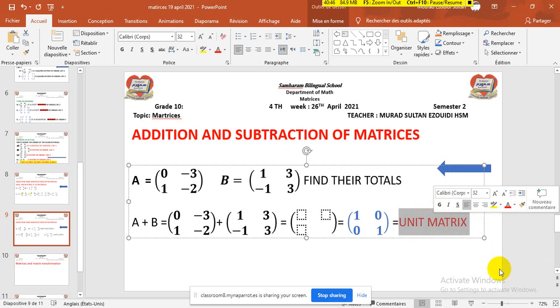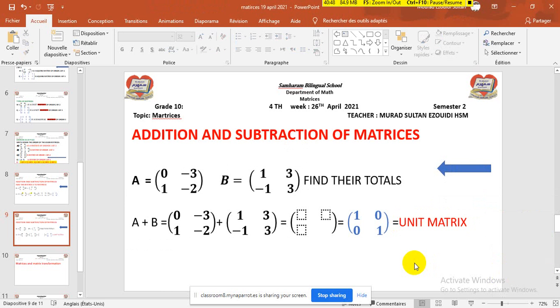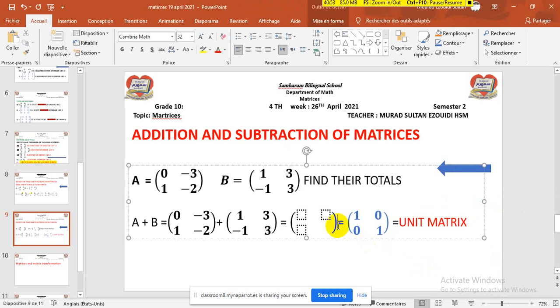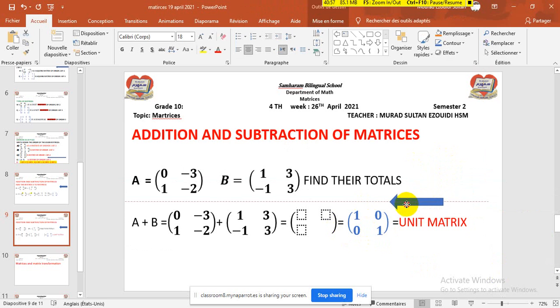Who found the total first? Is it the same as that? Yes, good girl. I will explain this for the others. We have 0 plus 1, which is 1. Then negative 3 plus 3 is 0.